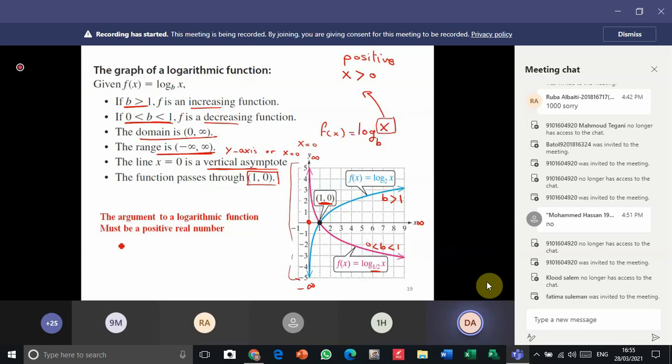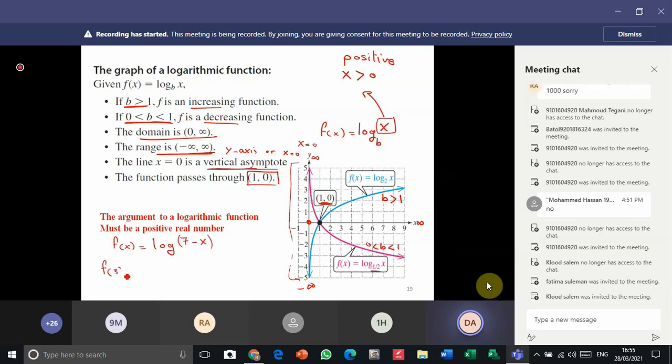So, for example, if we have f of x equal logarithm to base 10 of 7 minus x, and we need to find f of 3, this is equal what? Logarithm of 7 minus 3, so we have logarithm of 4.